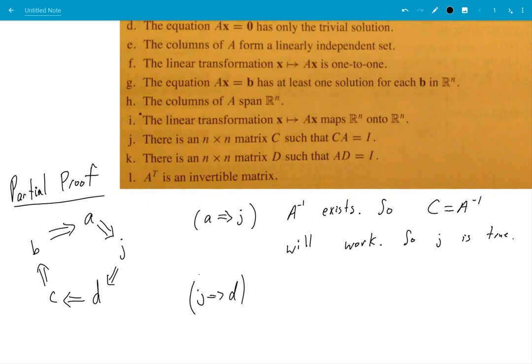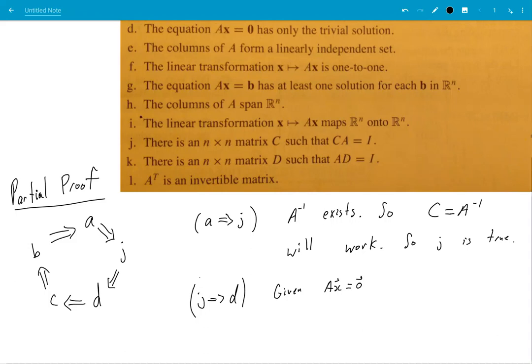So again, I'm going to assume J is true. So there's a matrix that does this for me. And I want to prove that D is true. I want to prove that this equation up here has only the trivial solution. So I'll say, imagine I'm given this equation.